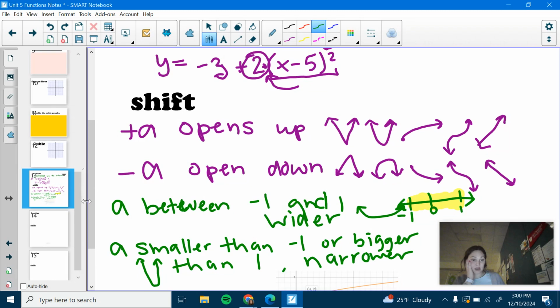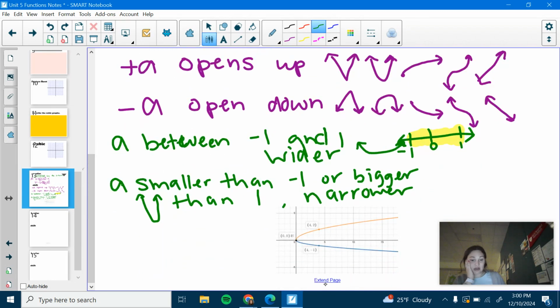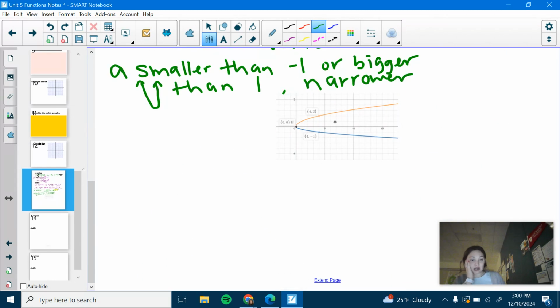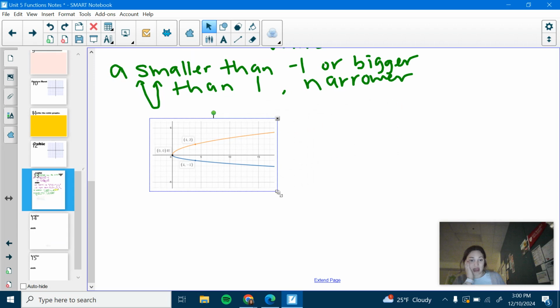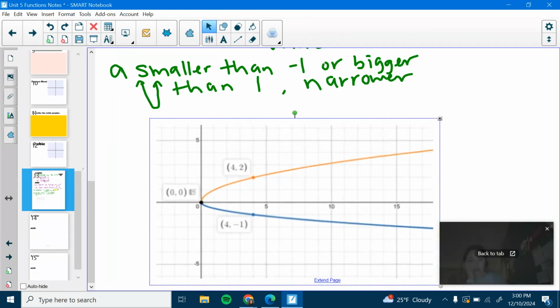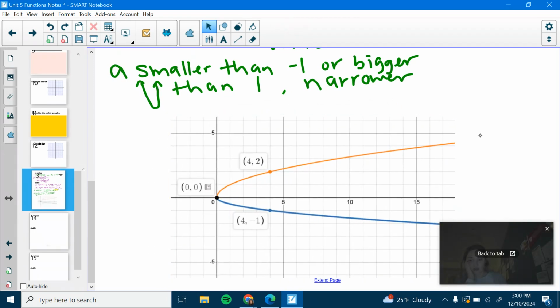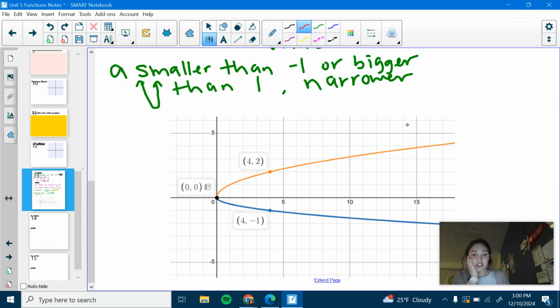Okay. Now finally, what does our graph actually look like when these changes happen to a? Here I have a graph of a square root. Okay, so my parent function is a square root. I'm going to write that on here. My parent function is what is in orange here.